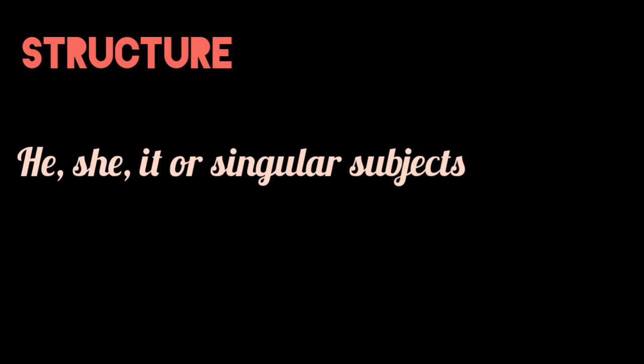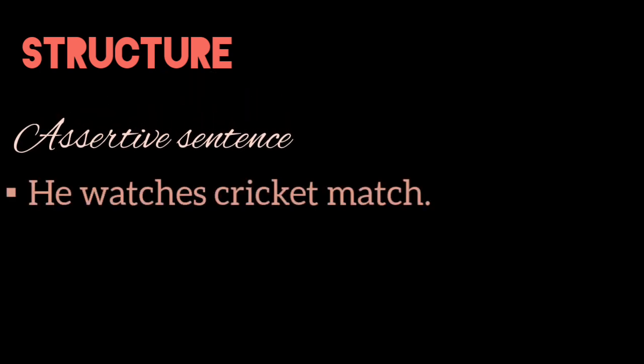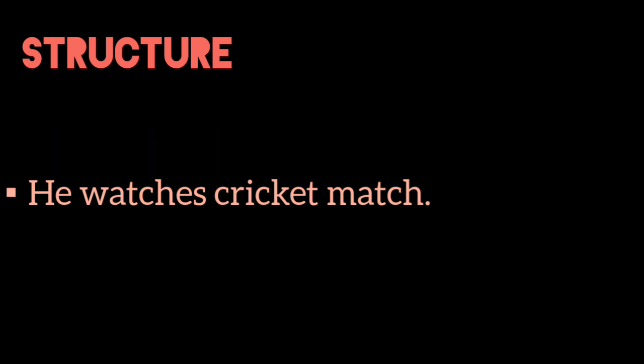Now let us come to the structures again. We will use the first form of the verb plus s or es with he, she, it and singular subjects. Let us take an example of an assertive sentence. He watches cricket match. This is an assertive sentence. Here in this sentence, watch is the first form of the verb, but we will use es with it.